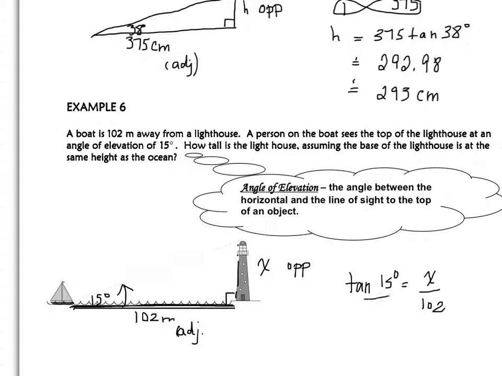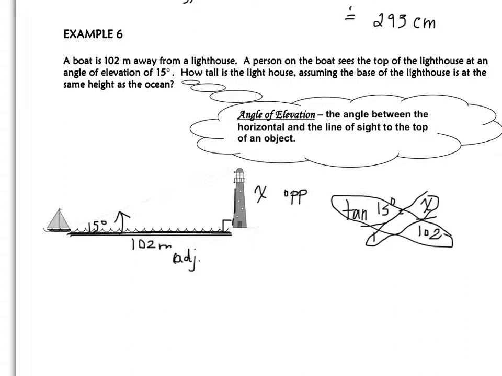And then we can put that over 1 and cross multiply and get x times 1 is equal to 102 times the tan of 15, which would be approximately 27.3 meters. And it doesn't say to round it off to the nearest meter, so you can leave it at 1 decimal place.